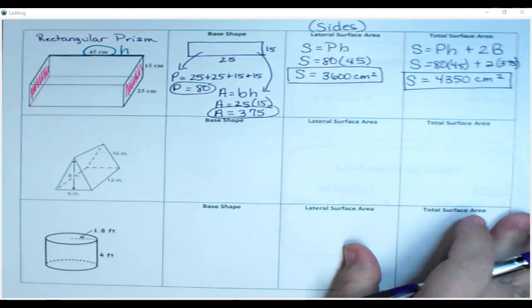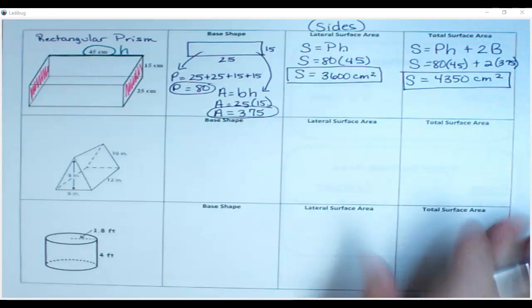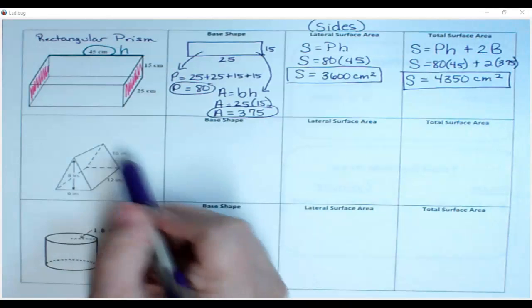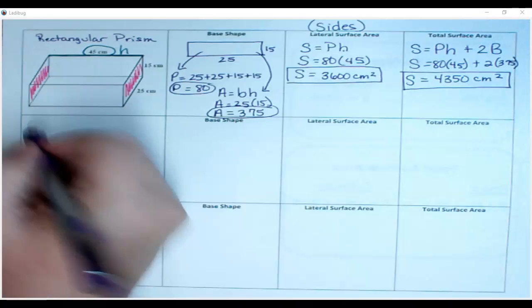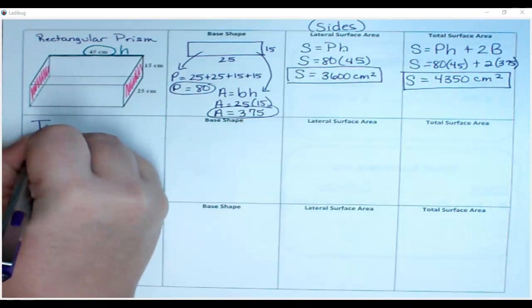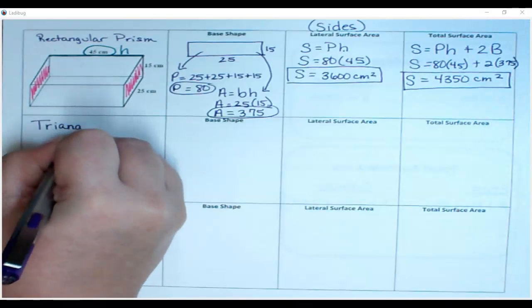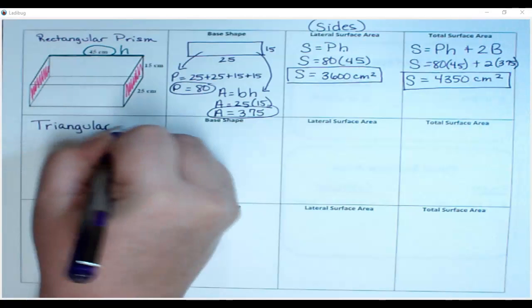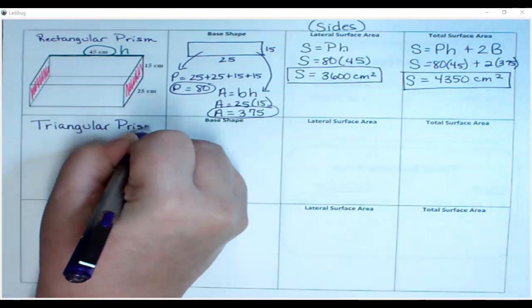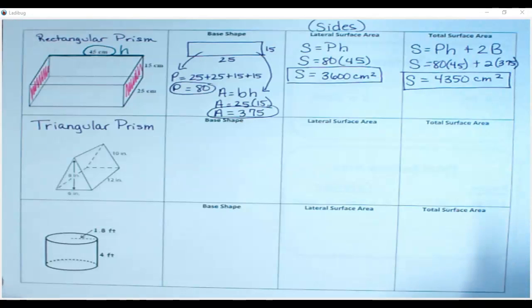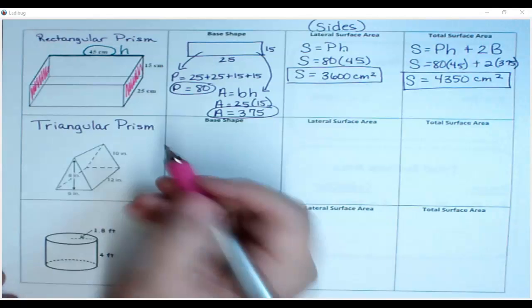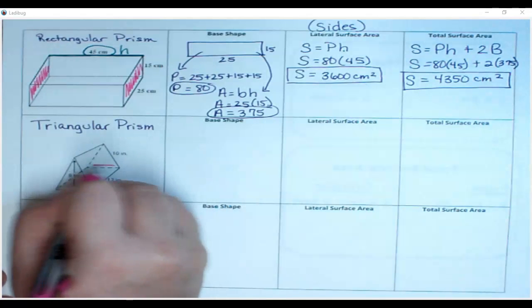Okay, let's go down to example number 2. What's the name of this shape? Yes, it is a triangular prism. So because it's a triangular prism, that means my bases must be these triangles.